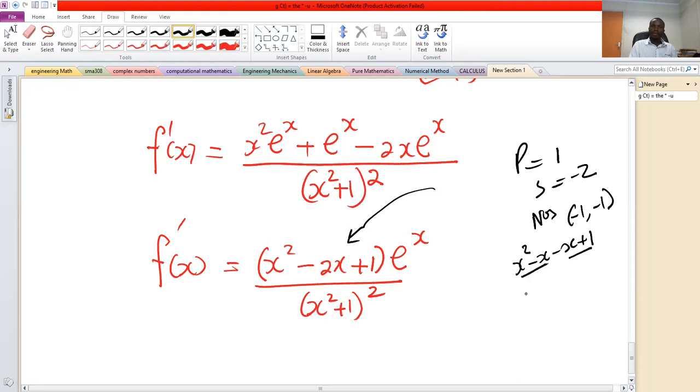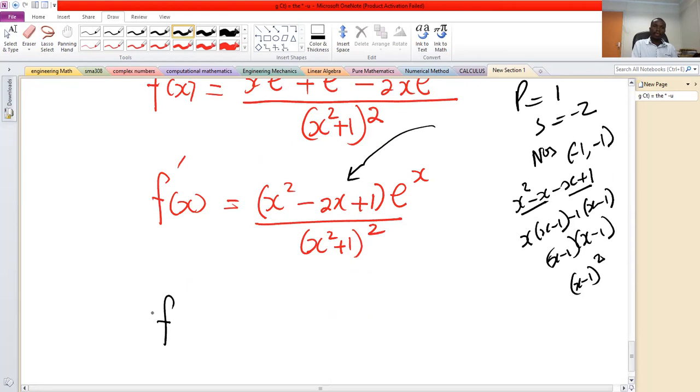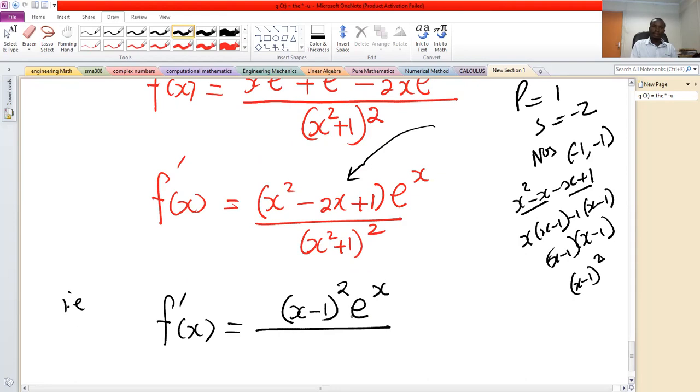So pairing, this is x into x minus 1 minus 1 into x minus 1. So x minus 1, or simply x minus 1 squared. So we can say the derivative of the function is simply x minus 1 squared e raised power x over x squared plus 1 squared. So that's how we find the derivative of that function and the rest of the functions. Thank you.